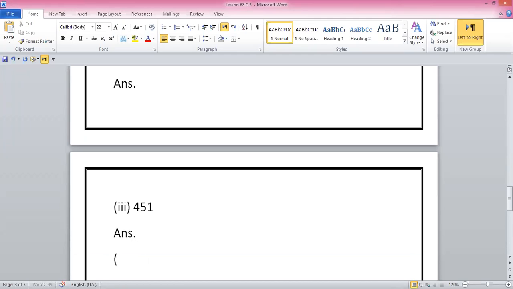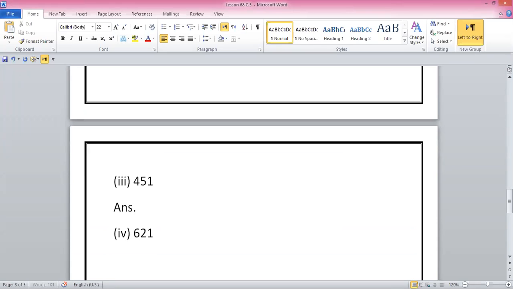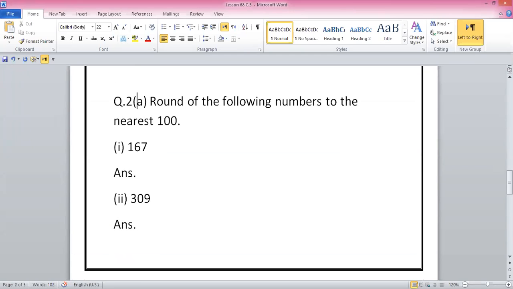And the fourth one is 621. Guys, write it. Round off the following numbers to the nearest 100: 167, 309, and 2 more numbers.